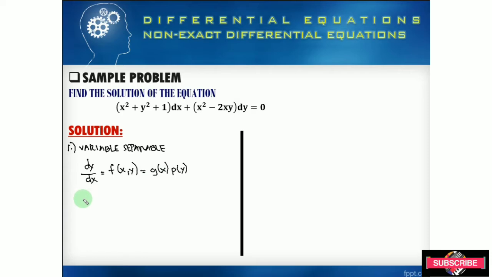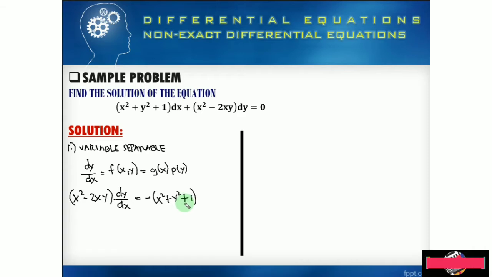So we have here x squared minus 2xy, and this would be dy over dx, is equal to, so we transpose this to the other side and multiply by 1 over dx. So this dx will be eliminated, and this just becomes equal to negative of x squared plus y squared plus 1.